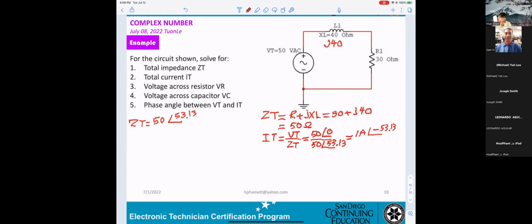VR. I'm not doing the calculation, I just want to give you the answer. VR, VC, and phase.